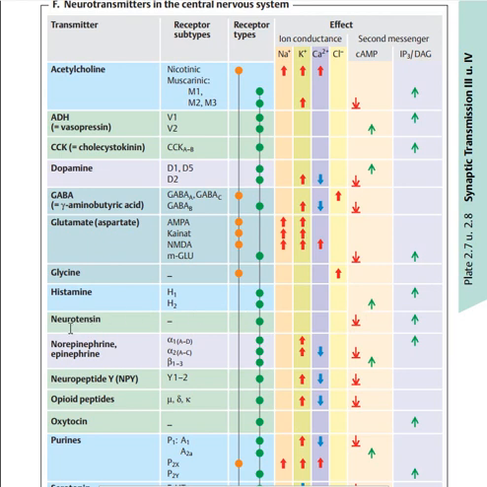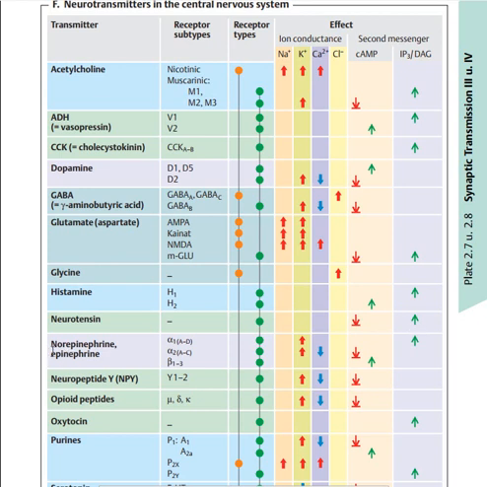Then we have neurotensin, which occurs via a metabotropic receptor that is inhibitory. It inhibits cAMP and increases IP3.